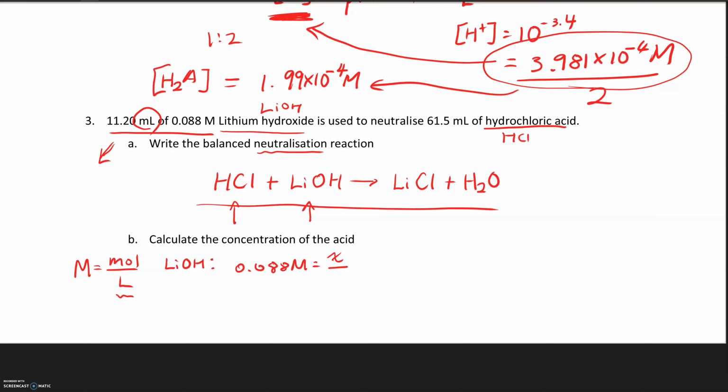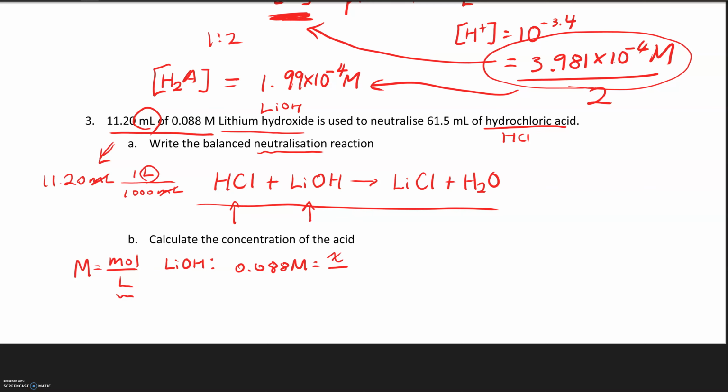Now, we all should know that there are 1,000 milliliters in 1 liter, which means 11.20 milliliter, in order to convert it into liters, we just have to divide it by 1,000 milliliter for 1 liter, which then we can divide those units out, leaving us the units of liter.